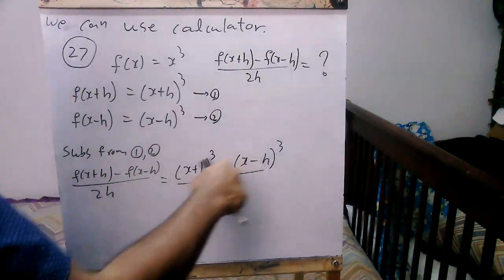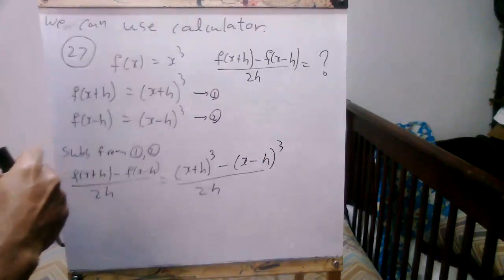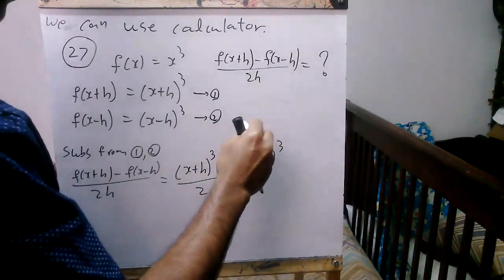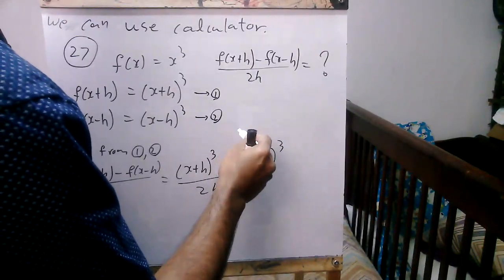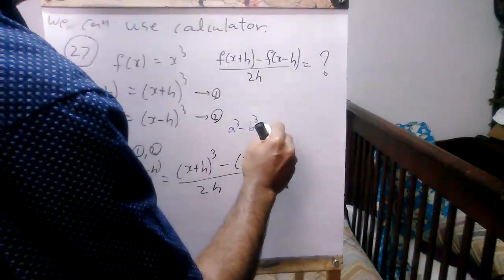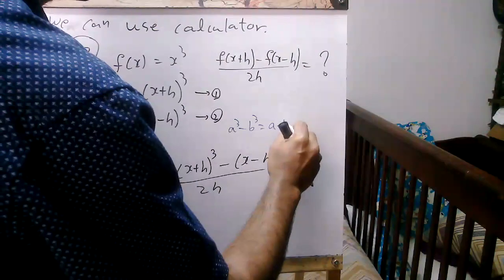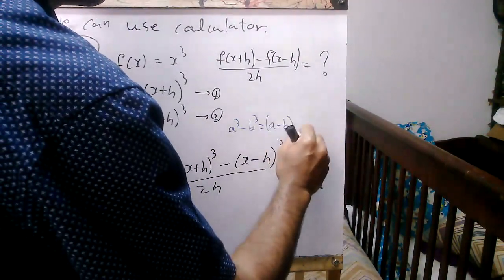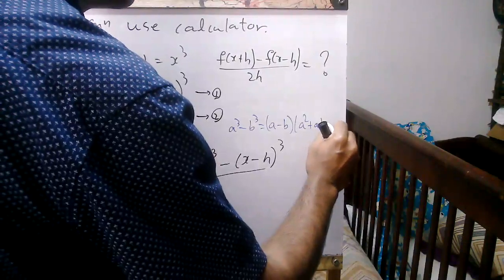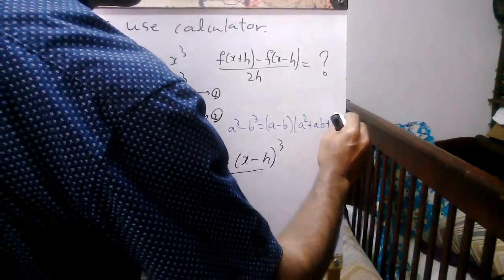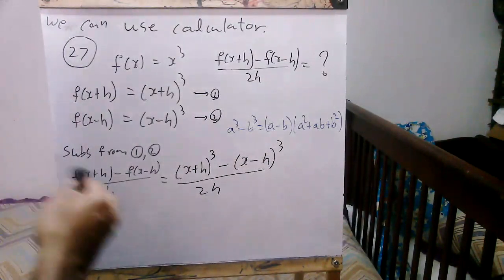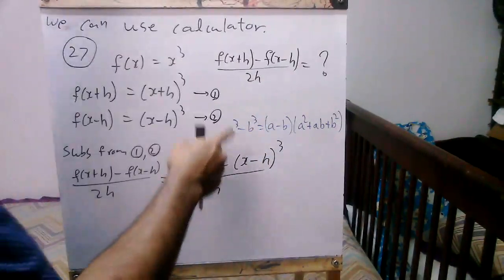Now you see this is a difference between two perfect cubes. We have a formula for this. What's the formula? a cubed minus b cubed equals a minus b times a squared plus ab plus b squared. Right? Let's substitute into that.